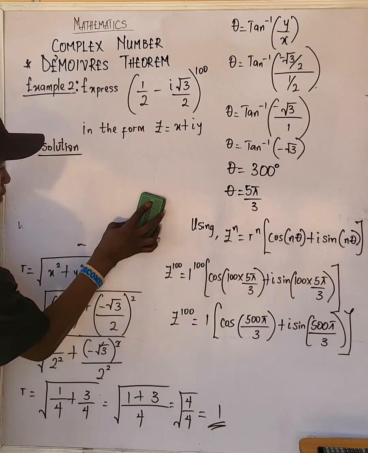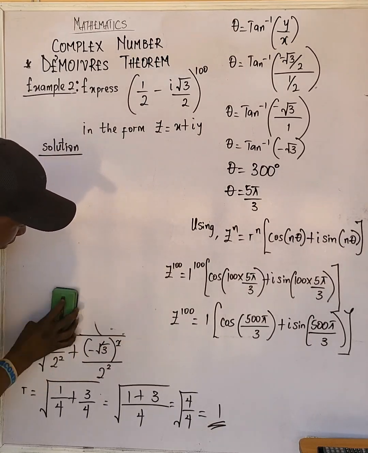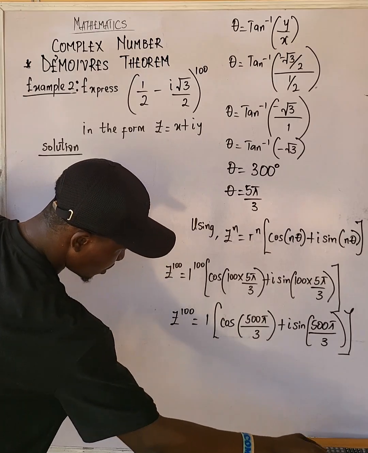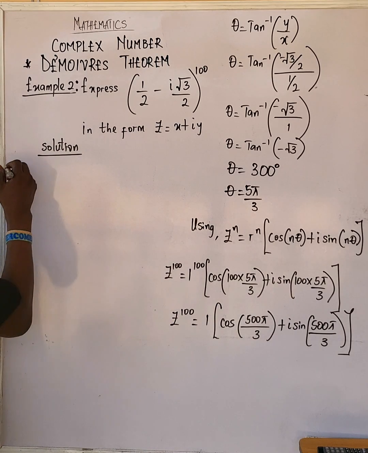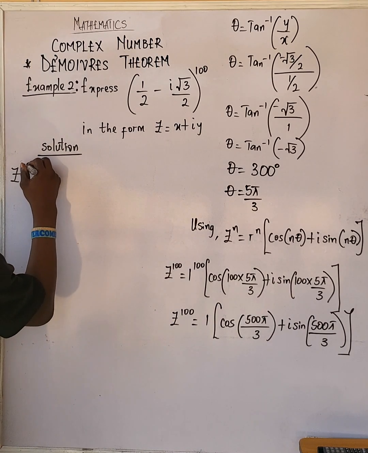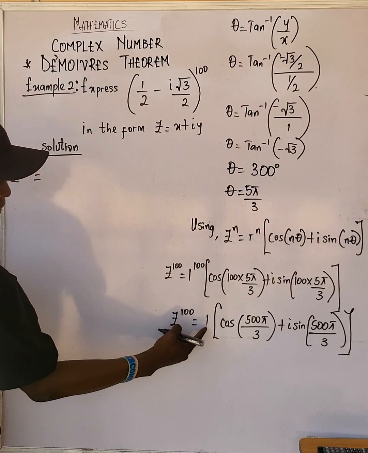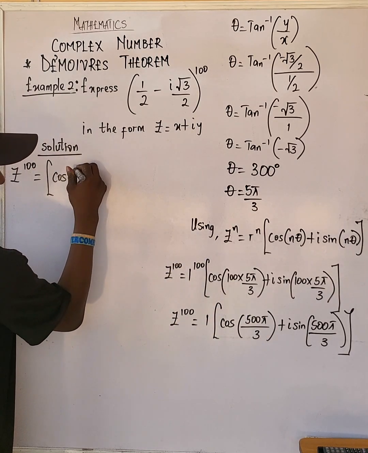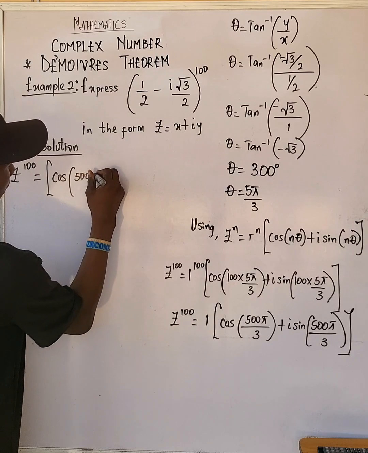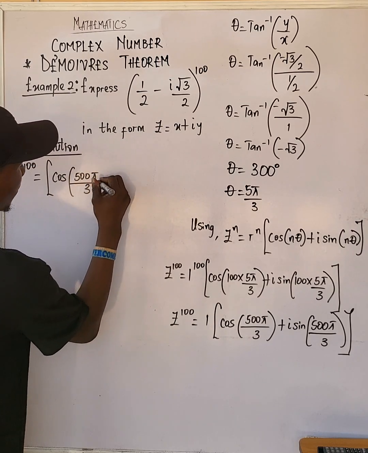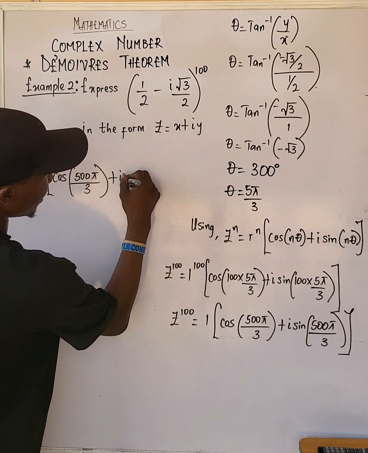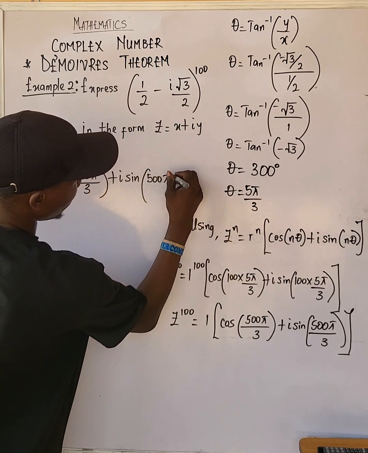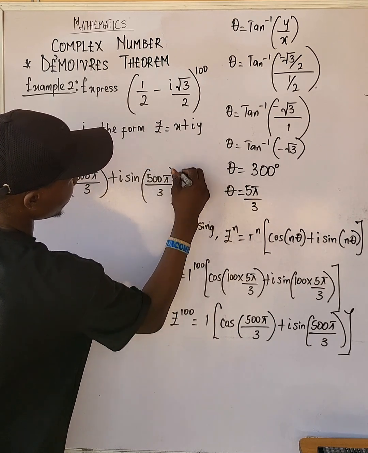Now, don't forget the formulation I told you we are going to do when we get to this part. So we have z to the power of 100. 1 multiplied by this is still the same thing. So we have cos 500 pi over 3 plus i sine 500 pi over 3.